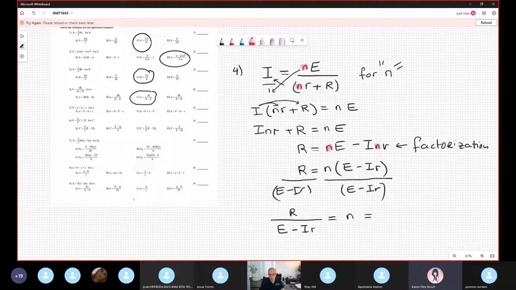You factor out, you put it outside, and you open a new parenthesis, and inside the new parenthesis stay the variables without n. So it's E minus I R. And you wouldn't put an exponent or something to say that there's two n's?